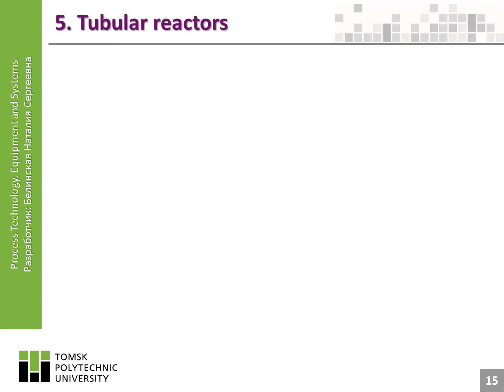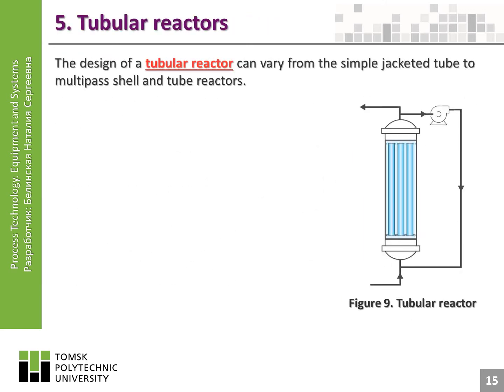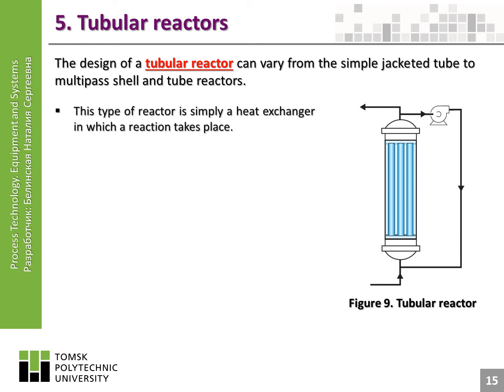Tubular reactors. The design of a tubular reactor can vary from the simple jacketed tube to multi-pass shell and tube reactors. This type of reactor is simply a heat exchanger in which a reaction takes place. Tubular reactors are used for liquid and gaseous reactions.